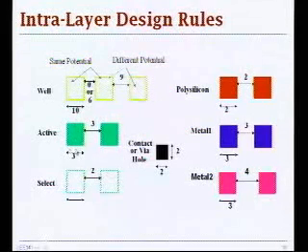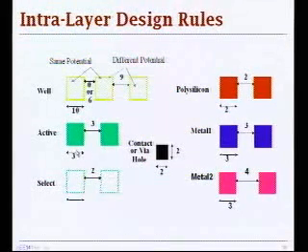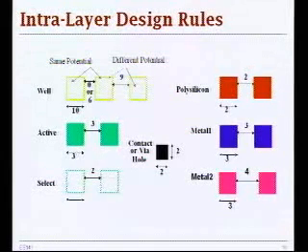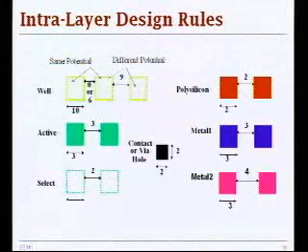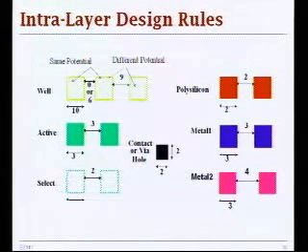The active has a minimum width of 3 lambda, so that will give you your minimum channel width of 0.3 microns. So we are not complying exactly to these lambda rules, so it's not 0.36, but it's 0.3, because for the reasons we discussed last time, that these lambda rules are kind of conservative, and people use more often these absolute rules in terms of standard unit size.